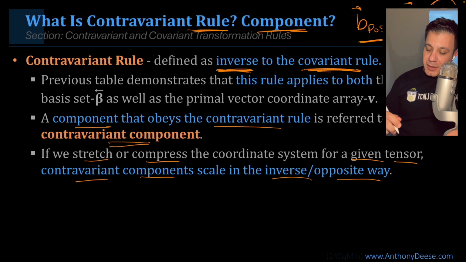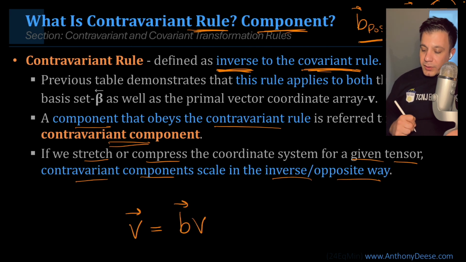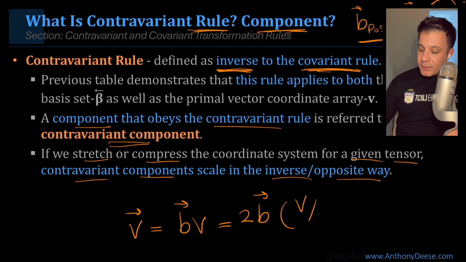Now this makes sense because if you think about a vector as equal to some basis set times some coordinate array, it makes sense that these would scale in opposite ways. Because if we take B and multiply that by 2, we would need V, the coordinate array, to divide by 2 in order to maintain the same resultant vector value.